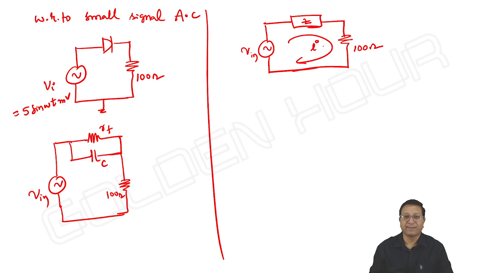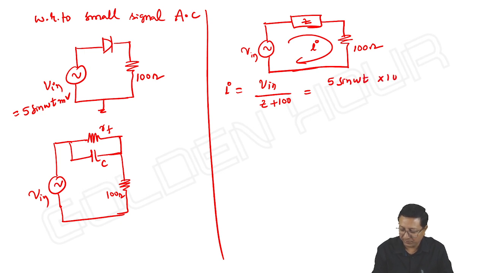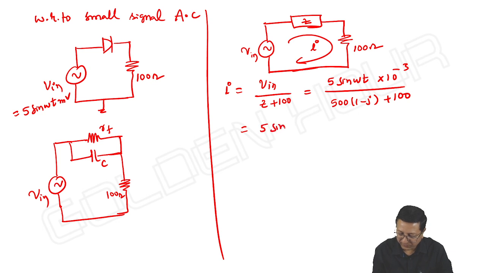Magnitude of this current is asked. So what about I? Here it is V input or VI. Okay, V input by Z plus 100. V input is 5 sin omega t millivolt by Z, it is 500 into 1 minus j plus 100. Okay, it is equal to 5 sine omega t into 10 power minus 3 by 500 plus 100, it is 600 minus j 500.